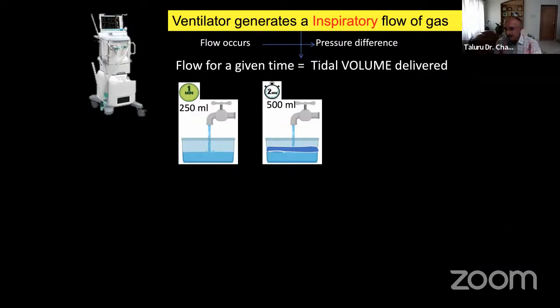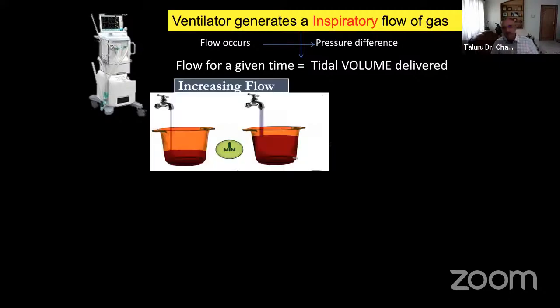Flow in the context of time becomes volume delivered. So when you set a peak flow and a tidal volume, you should not confuse. Both are the same, because when we talk of tidal volume, we are talking of a flow for a time. Then it becomes volume.